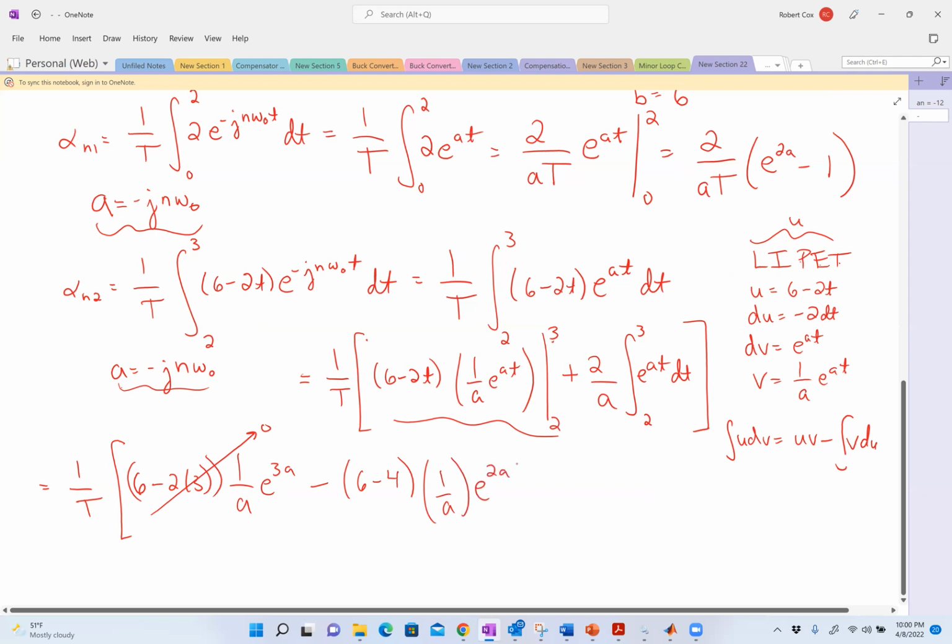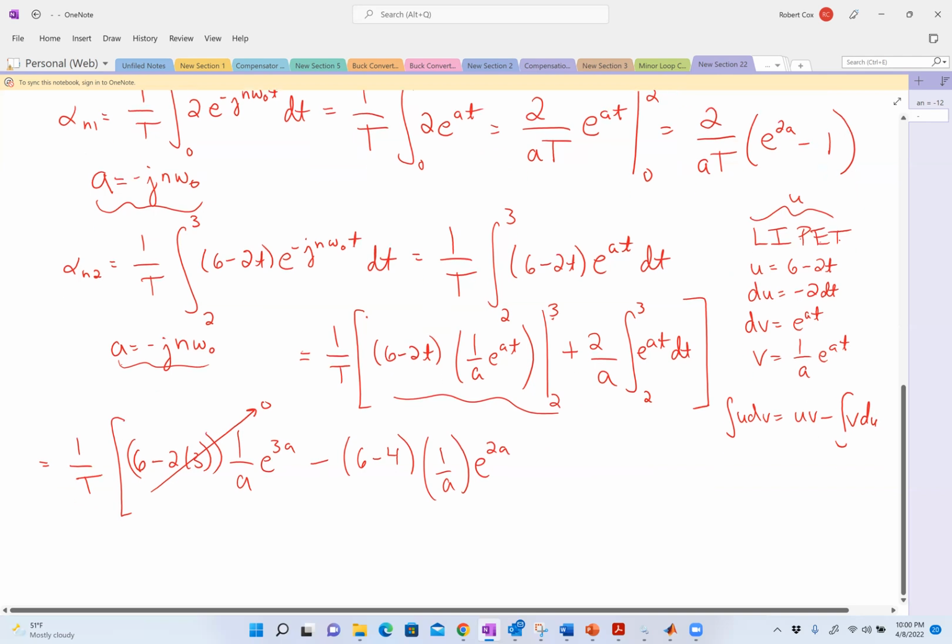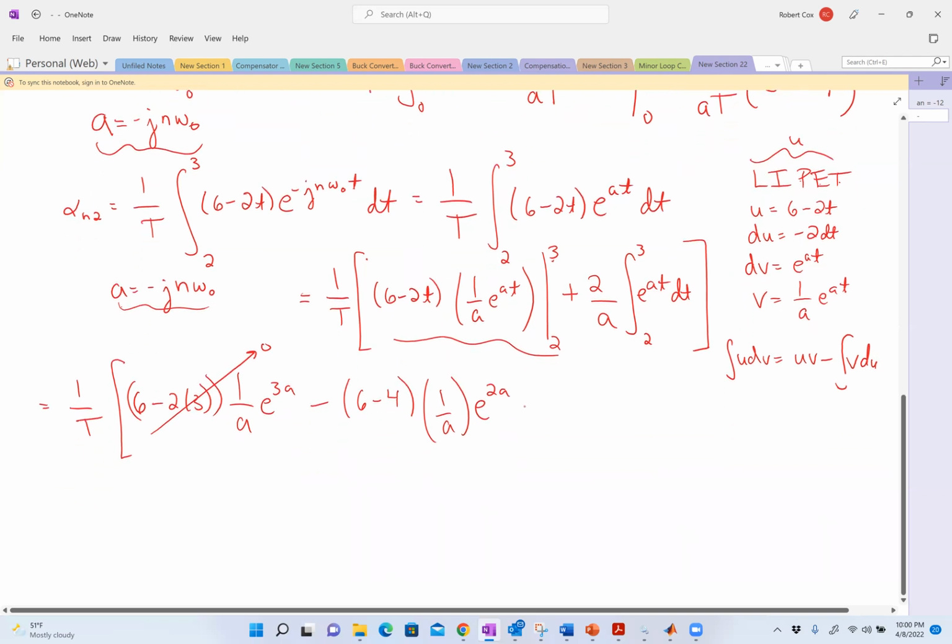Okay, that's the first part of the integral. Then I have the second part of the integral over here, which becomes 2 over a squared times e to the at evaluated from 2 to 3, again like that. I brought an a down when I did this integral, so I have an a squared.